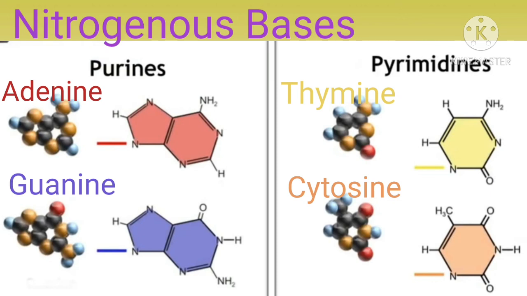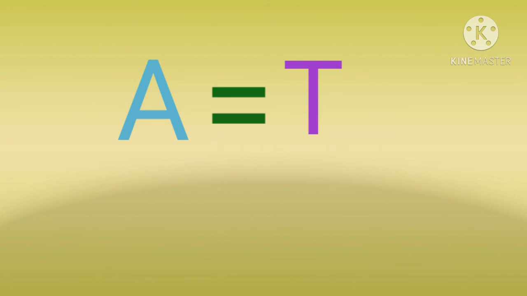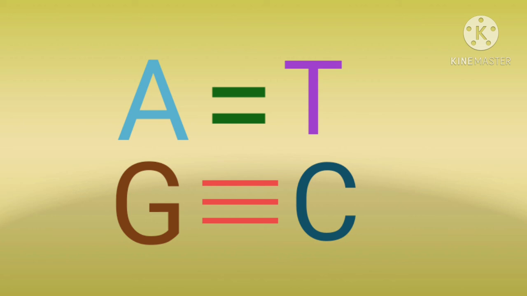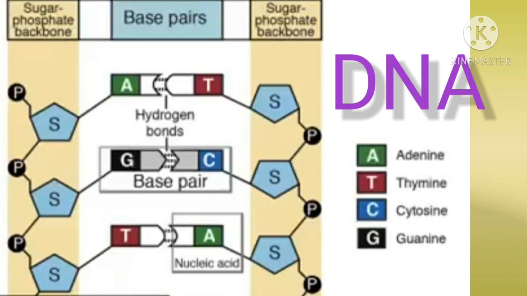Purine always pairs with a pyrimidine, that is, here adenine pairs with thymine and guanine pairs with cytosine. Adenine pairs with thymine with a double hydrogen bond and guanine pairs with cytosine with a triple hydrogen bond. So, a DNA molecule is made up of 2 polynucleotide chains that have anti-parallel polarity.